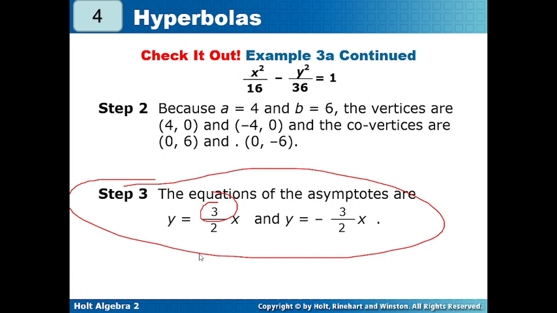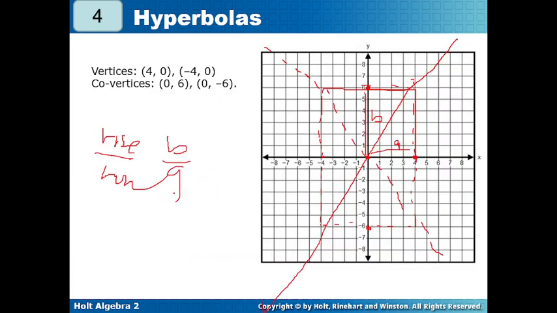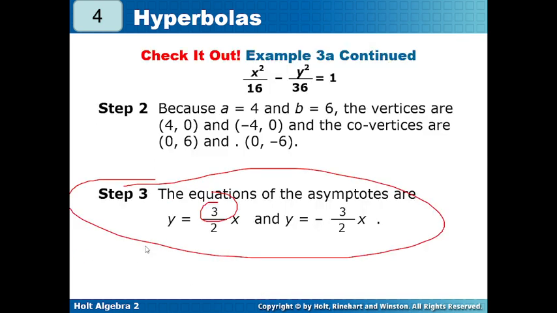And this one, we could have the value of b, which is, what is your rise? That is 6. And you have the value of a, which is 4. It is positive and negative 4.